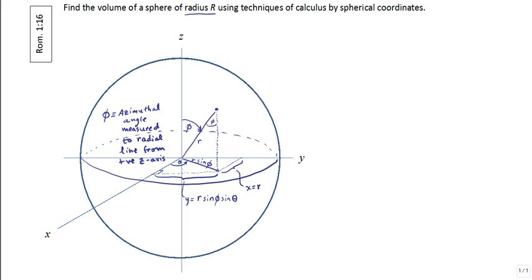Likewise, this is r sine of phi times the cosine of theta. And of course, the point itself is lying at some vertical height, z, which is r times the cos of phi.